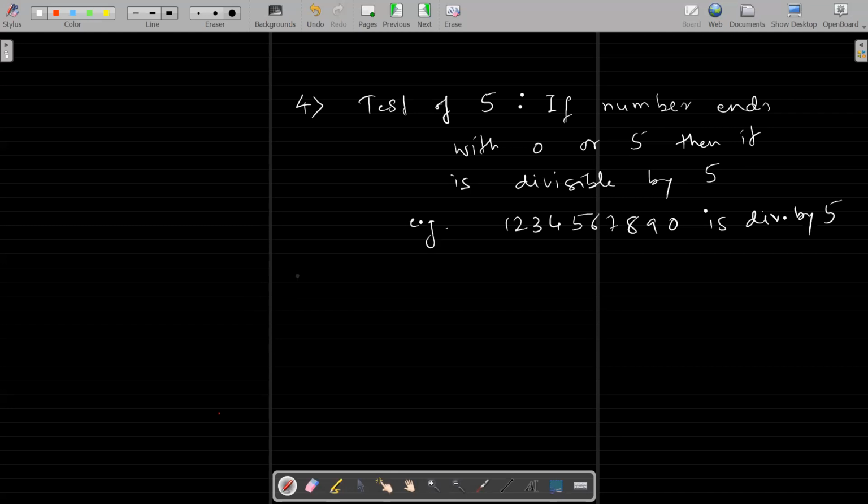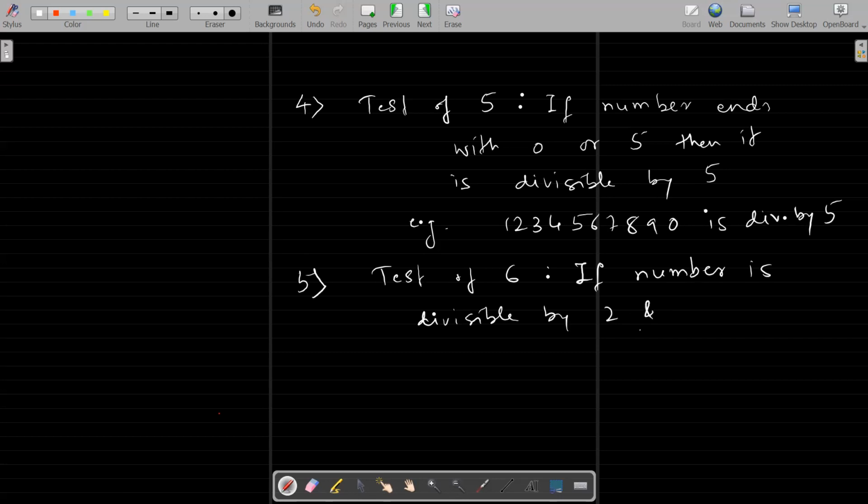Sir, can you tell the divisibility test of 6? The divisibility test of 6 is: if the number is divisible by 2 and 3, not 2 or 3, both 2 and 3, because 6 is 2 into 3.